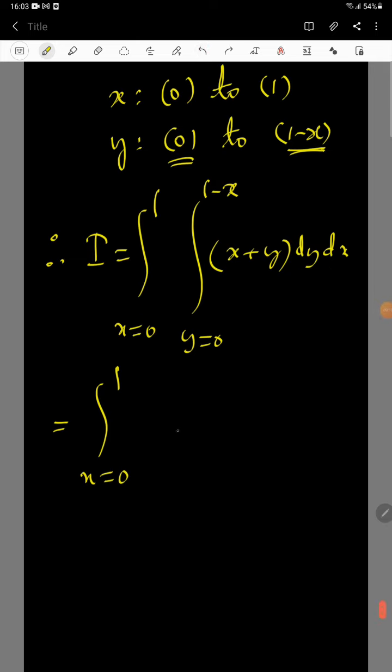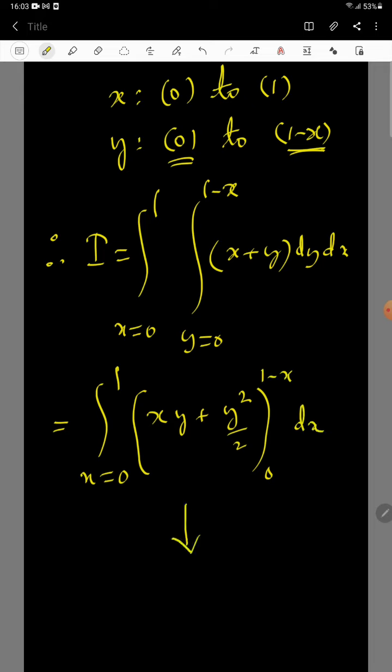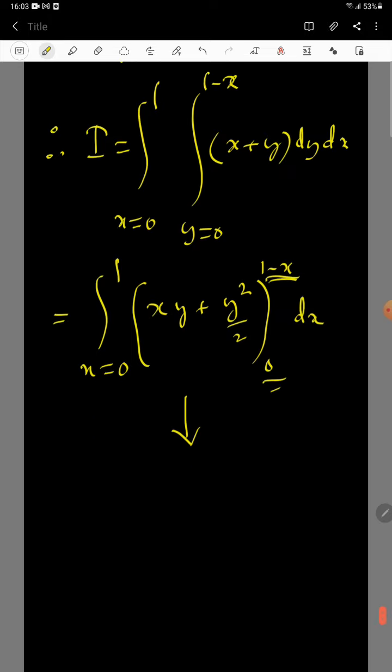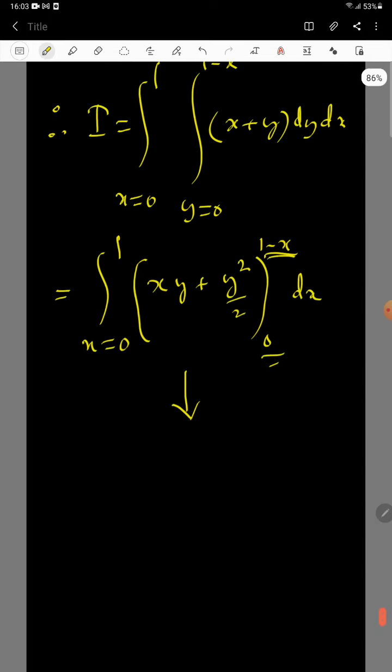So now we are integrating with respect to y, treating x as a constant. So x into y will come, and the integral of y is y square by 2. The limits are from 0 to 1 minus x dx, and you can continue this by writing the upper limit and lower limit and simplifying. So I hope you understood how to take the limits of the region.